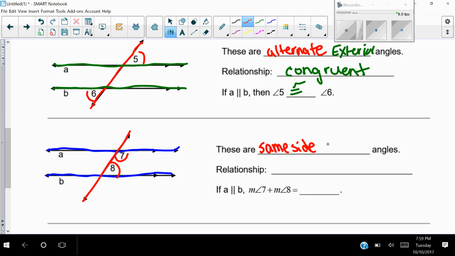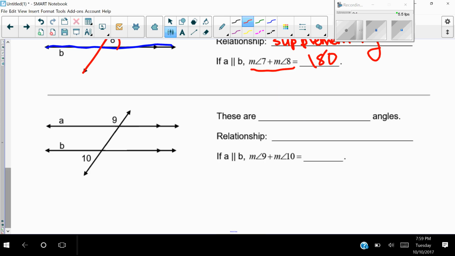And they're both inside the parallel lines, so interior angles. Their relationship is supplementary. So that means that angle 7 plus angle 8 equals 180. They add up to equal 180.